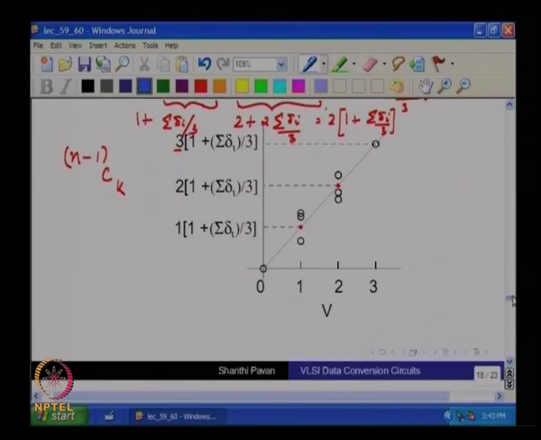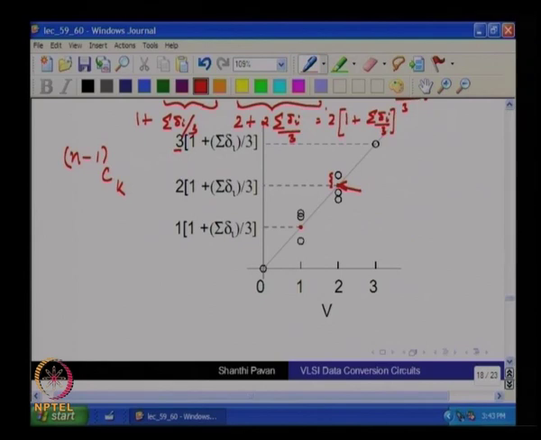Let me also point out another way of saying the same thing. The center of gravity of all these codes is this red dot shown here, correct. So, if I look at the deviations from this red dot, the sum of all the deviations must be 0, by definition, that is the center of gravity.